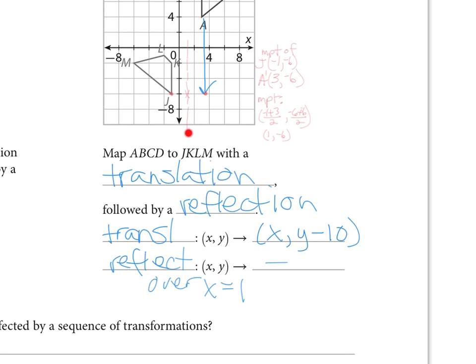And we found it because we found the midpoint of the image and pre-image, if you will. So once you know the equation of the line, that's enough. You don't need to worry about what goes in that second blank. So again, guys, just a reminder that you could have done this sequence of rigid motions in different ways.